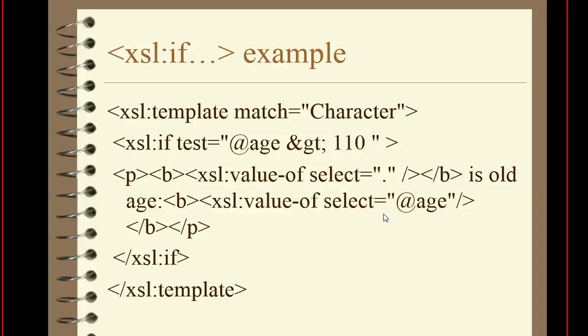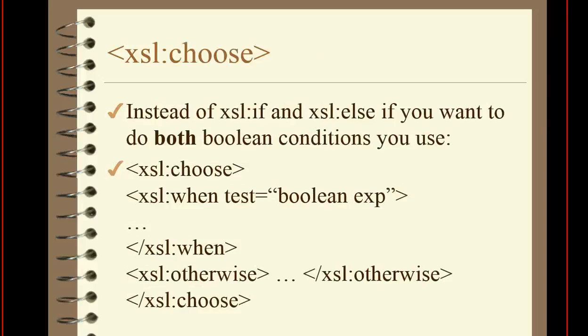And it will only do that for the characters whose age is greater than 110. Okay? Instead of if-else, they have XSL:choose. The way that choose works is you have when for the if and otherwise for the else. So it's kind of weird. I don't know why they implemented it that way.